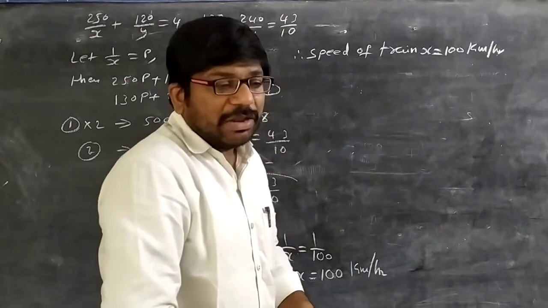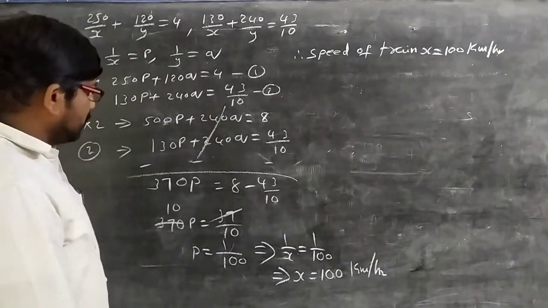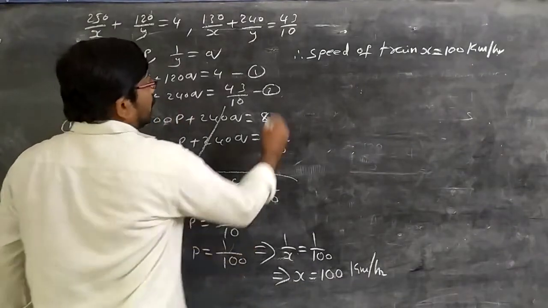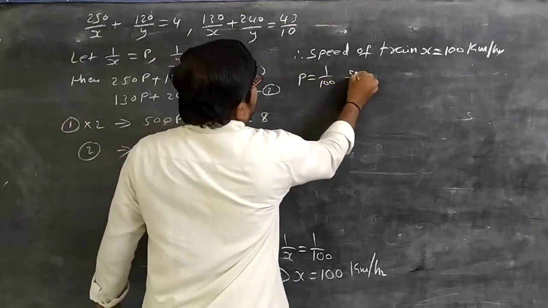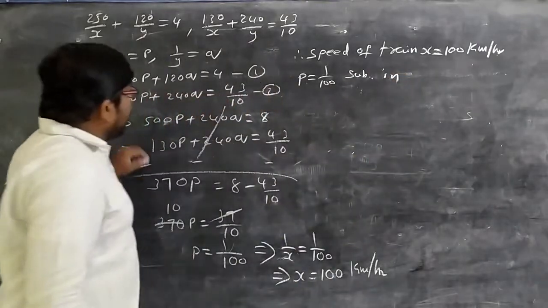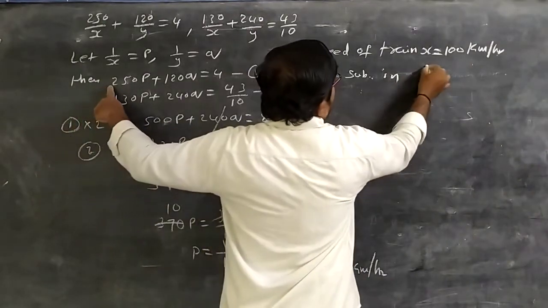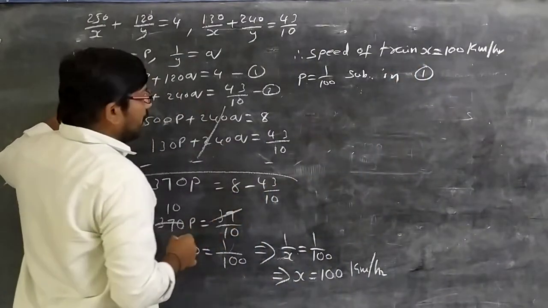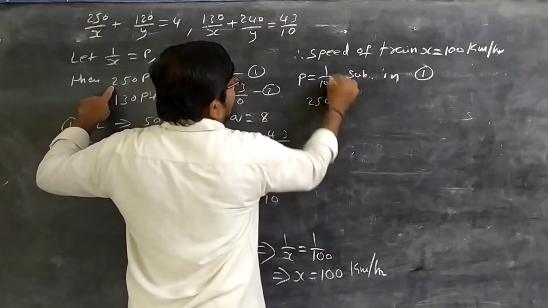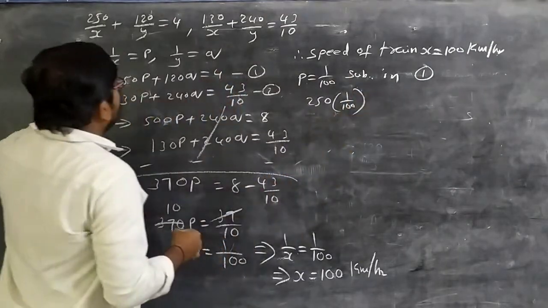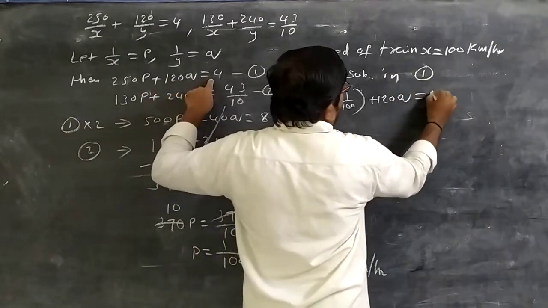See, here we substitute the p value in equation 1 or 2, and we get the q value, right? p is equal to 1 by 100, substitute in any equation. In equation 1, we get 250p: 250 into 1 by 100 plus 120q is equal to 4, right?